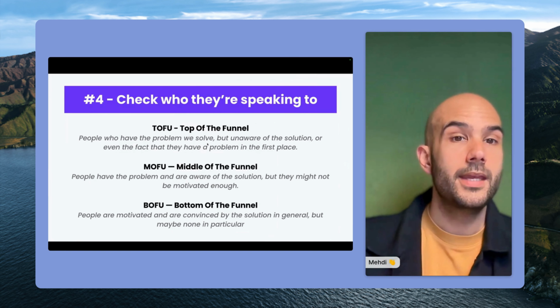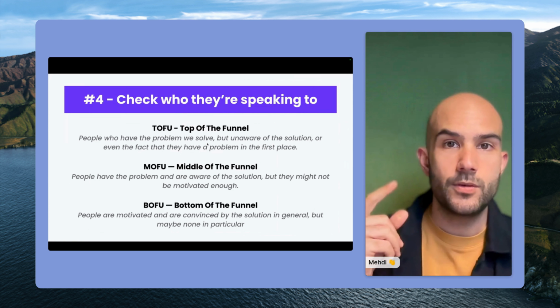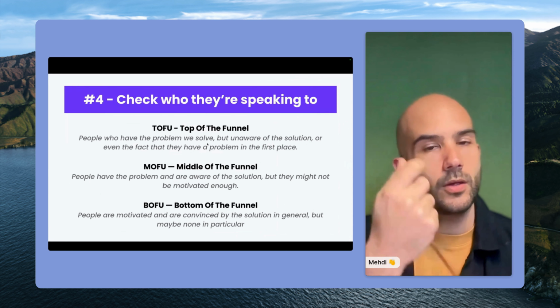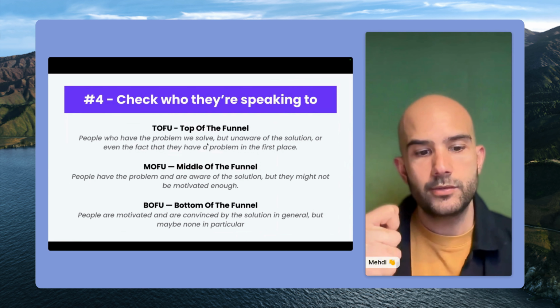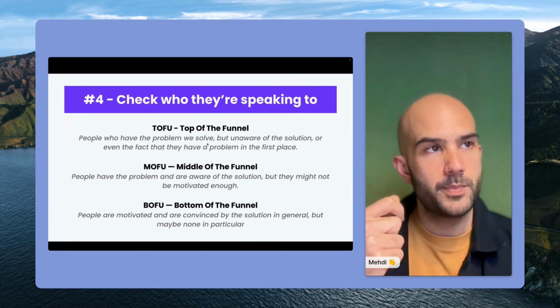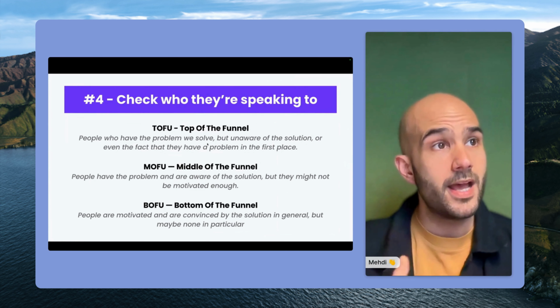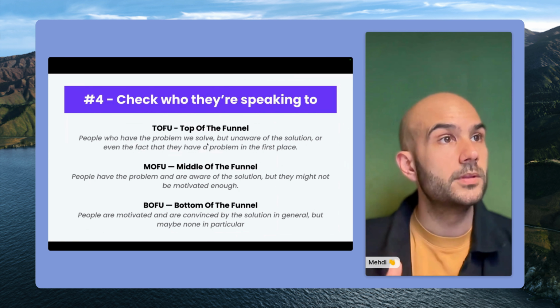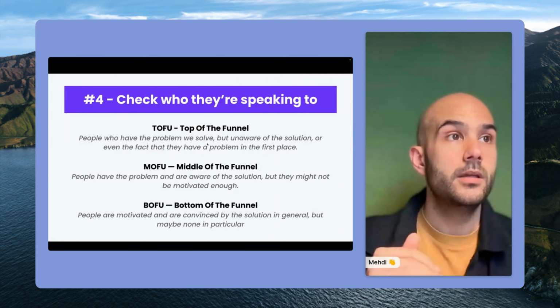The fourth is also super important because it gives you the meaning of the ad. I'm going to say it this way: it gives you the quintessence of the ad itself. Try to understand who they're speaking to. As marketers, we have different stages of the funnel that we can address in a very specific ad.